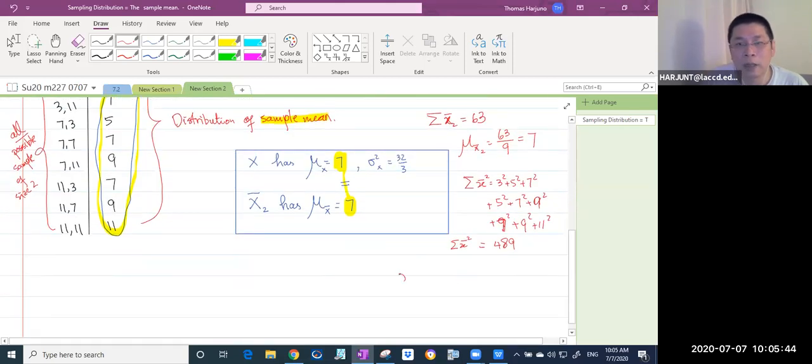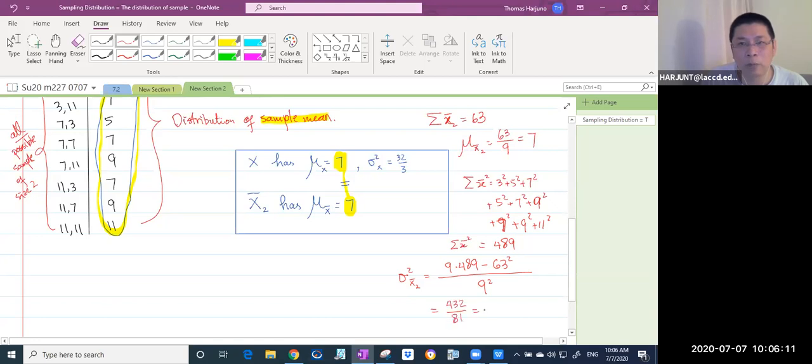Then the variance of the sampling distribution with size 2, ooh, there's a lot of notation there, will be 9 times 489 minus 63 squared, over 9 squared. I get 432 over 81.